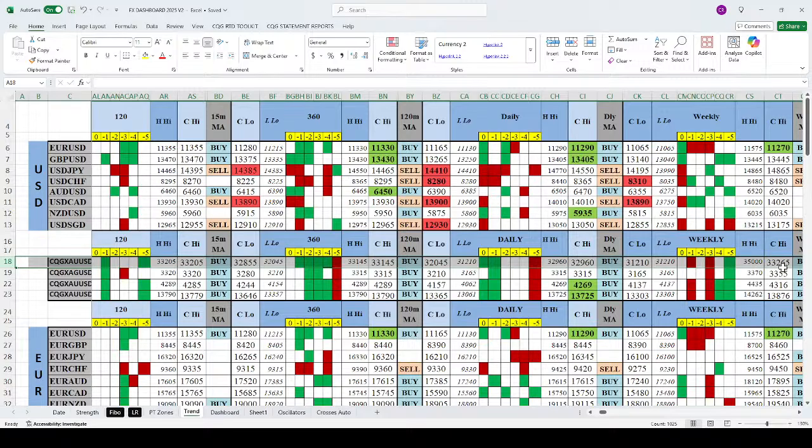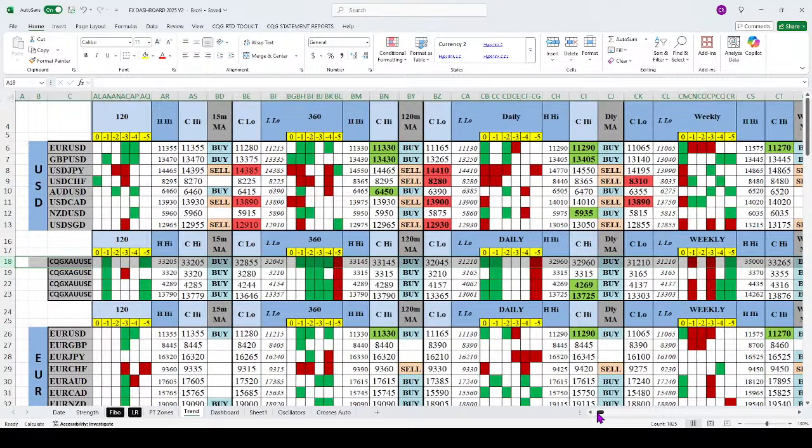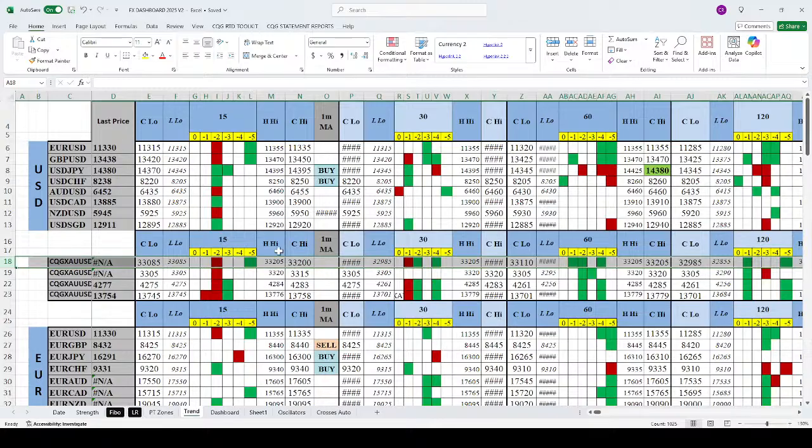Then we are going to see the extension of daily. Okay, so that means the previous day extension. So if you see, your 15-minute and 30-minute is already showing weakness, which means to say there is a possibility that the high is seen. Okay, the high is seen.